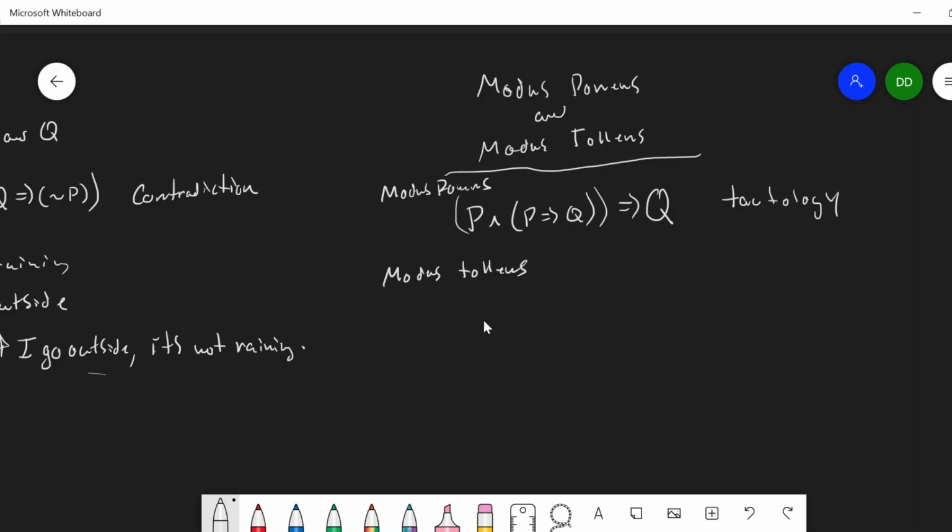This is another tautology. This is P implies Q and not Q, all implies not P. That is, if I know an implication is true and I know the conclusion is false, then it must be the case that the hypothesis was not satisfied, that the hypothesis is false.